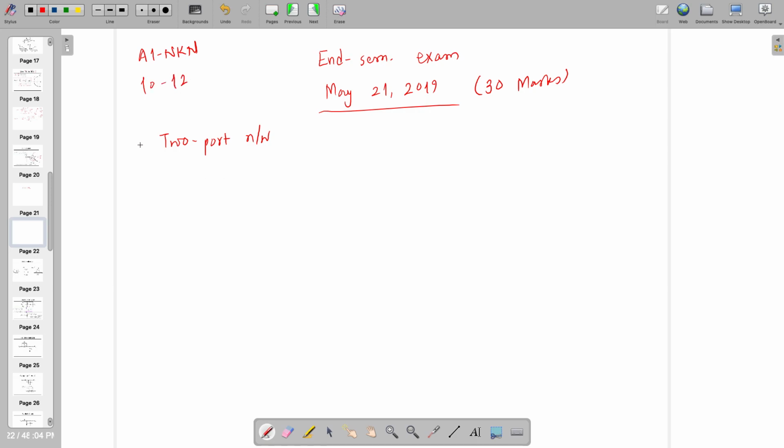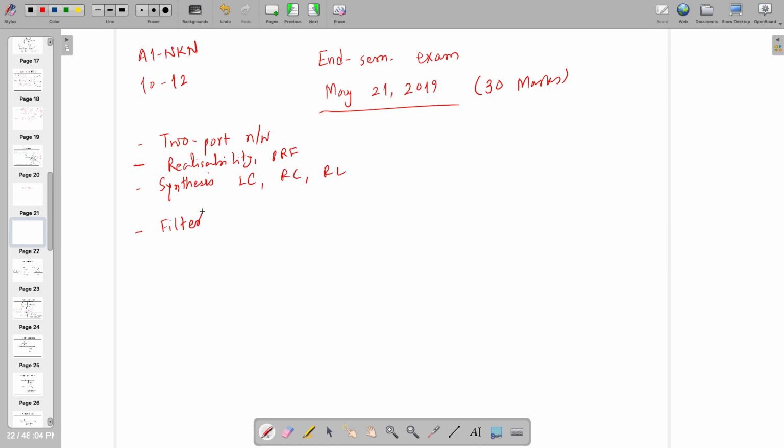And two-port network, then synthesis of LC, RC, RL, and of course the realizability and PRF and filter, right? Is there anything which is left?